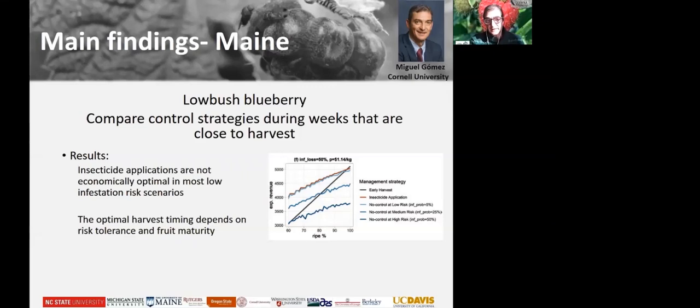For those growers that are constrained because they cannot apply insecticides, we find a range of early harvest that ranges between harvesting when 65% of the fruit is ripe to almost 99%, depending on the impact of SWD on yields, the price, and other considerations.